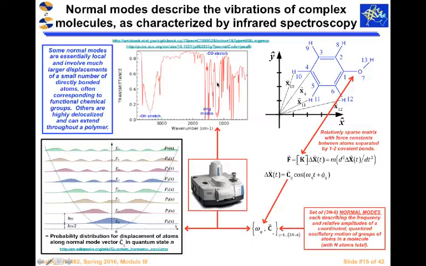Things with six-membered aromatic rings would often have features in this region. Now, in different molecules, these things would move around a little bit. And individual molecules would also have other features that were unique to them. But there was some sort of reflection of local chemical properties in the infrared spectrum.